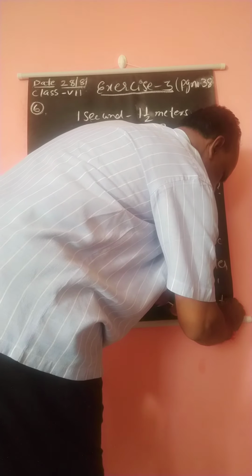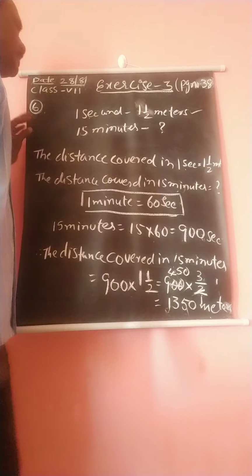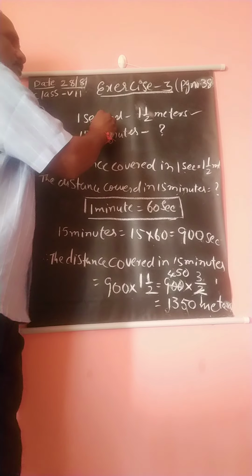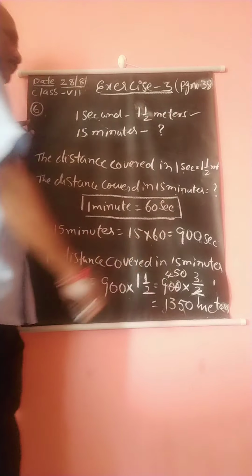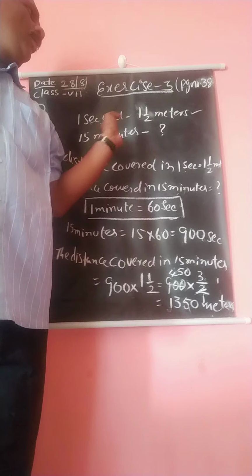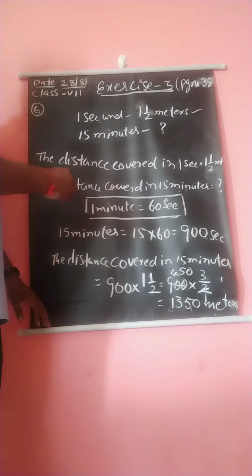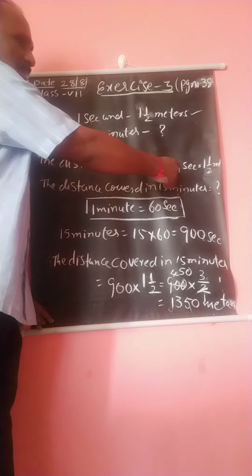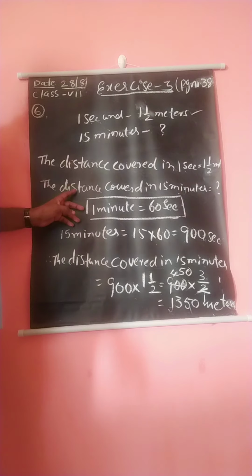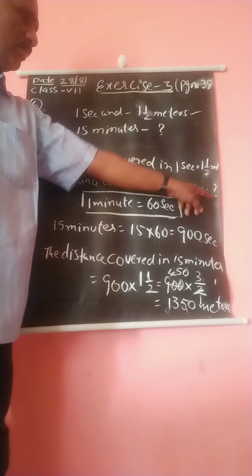Look here, children. 1350 meters. What is the question asking? The distance covered in 1 second is 1.5 meters, and the distance covered in 15 minutes is the question mark.